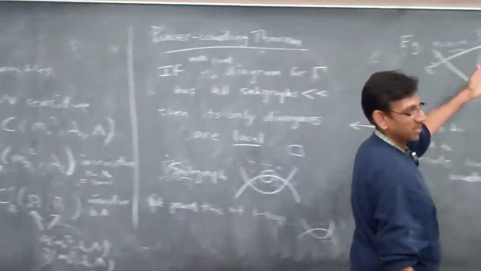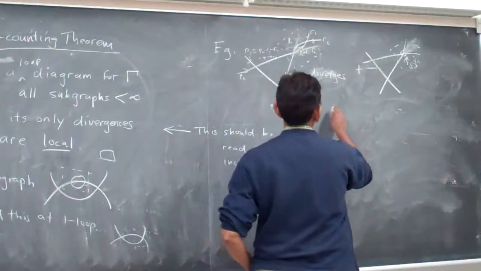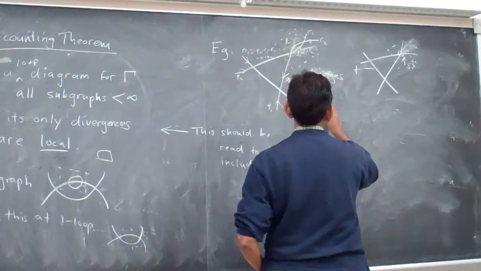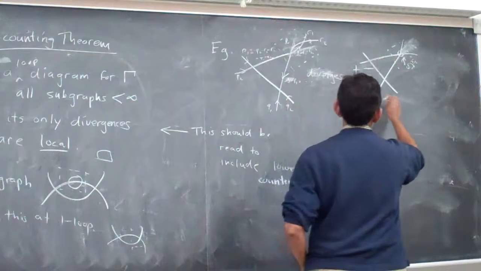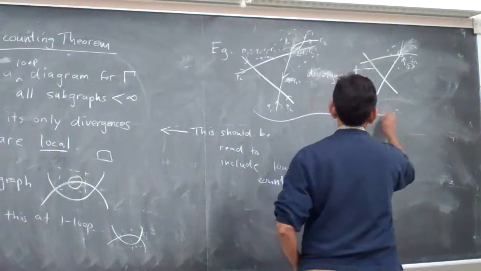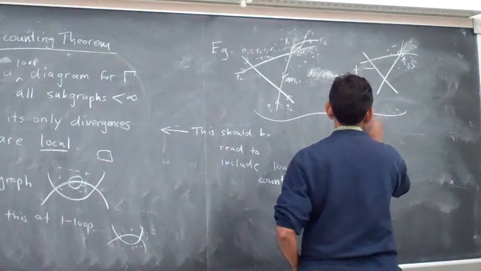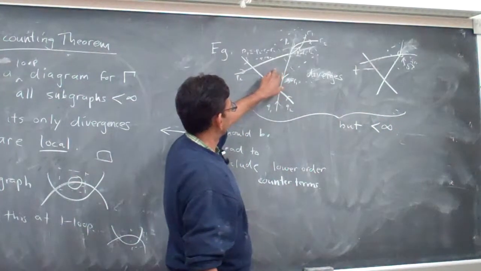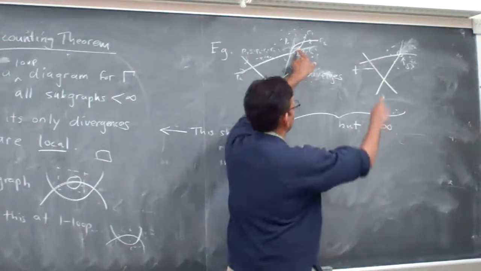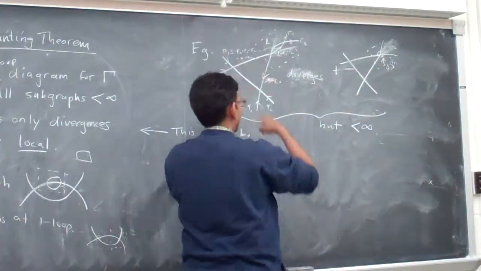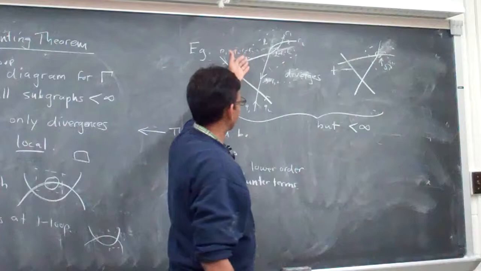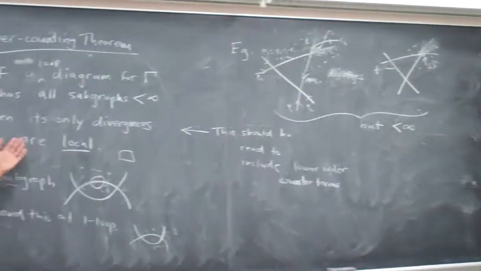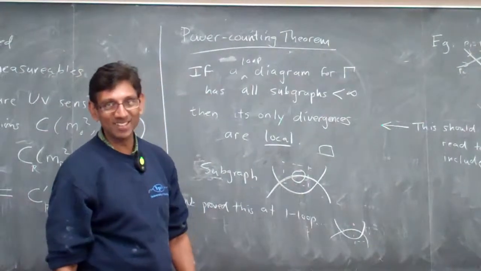In fact, in this particular example, in this case, once you have conquered this subdivergence, as you can sort of see by eye, this loop is finite. So in fact, it doesn't have any local divergences once you've done this in this example.